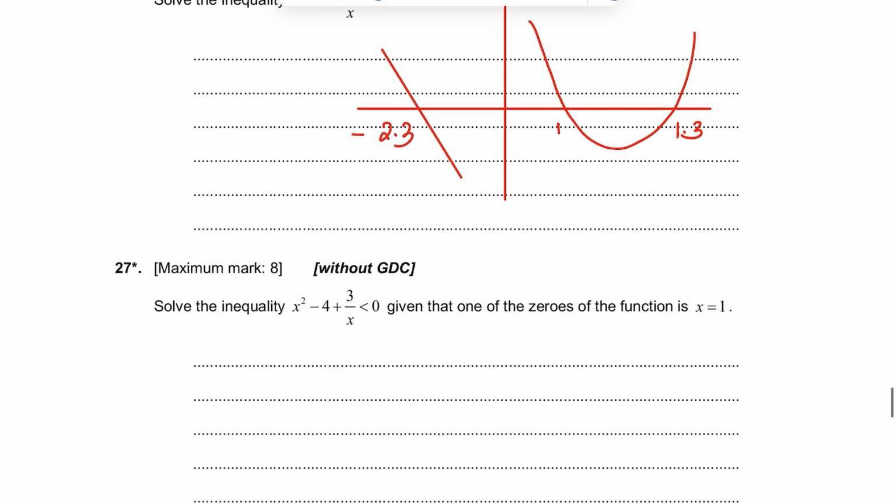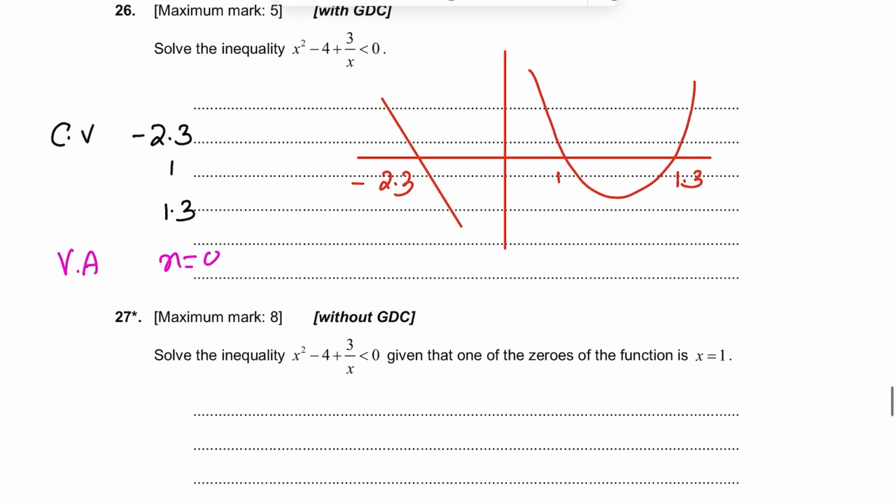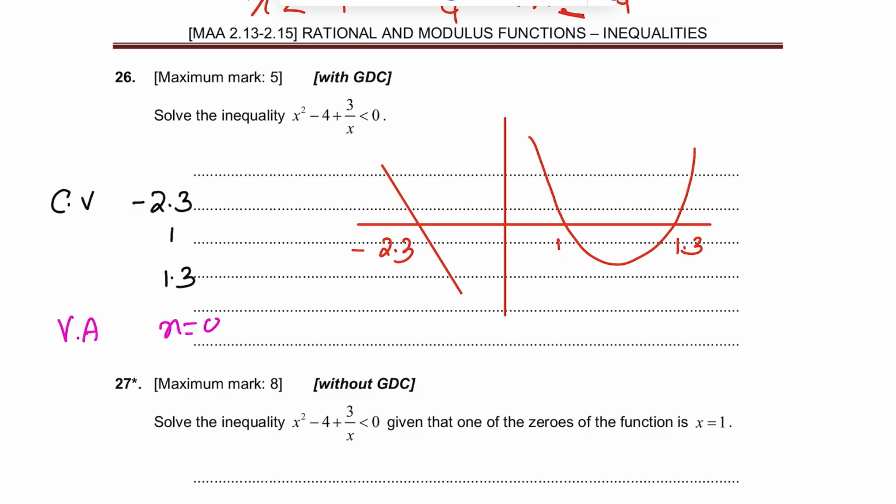So the critical values are negative 2.3, 1 and 1.3, and my vertical asymptote is x equals 0.